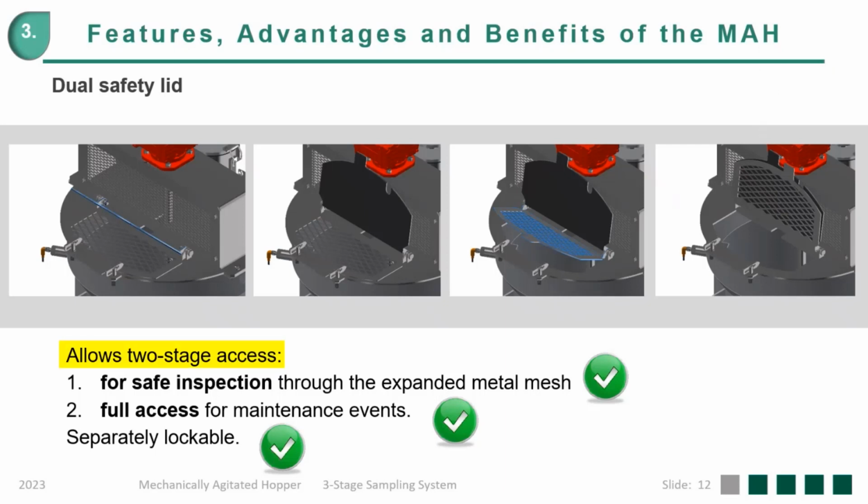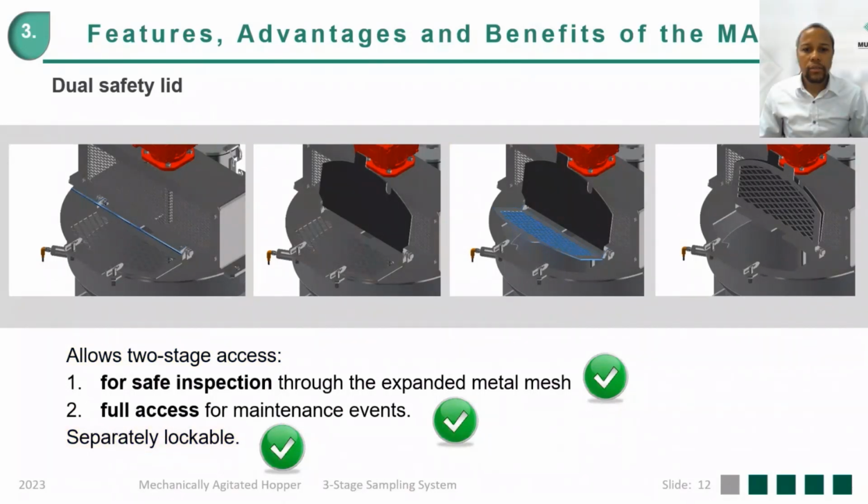The first is for safety inspection through the expanded metal mesh, whereby you can visually see if there are blockages inside the mechanically agitated hopper without opening the entire lid. The second is full access for maintenance events, which can be locked so that you don't gain access while you're just visually checking if there's a problem inside the hopper while you're not doing maintenance.